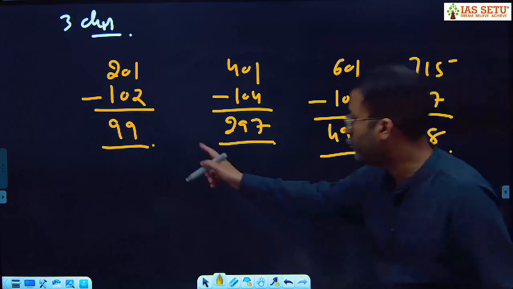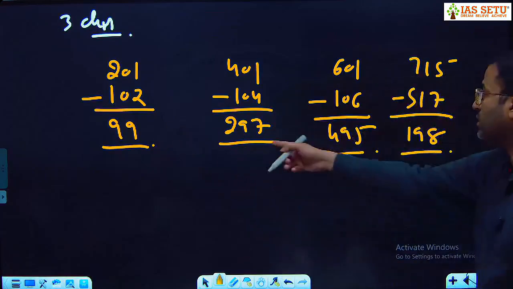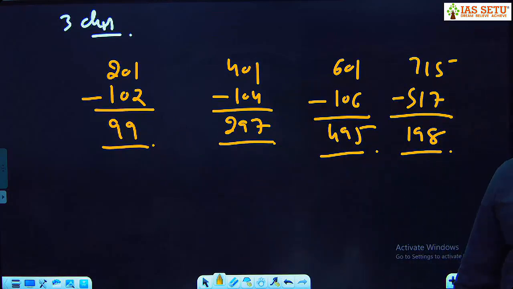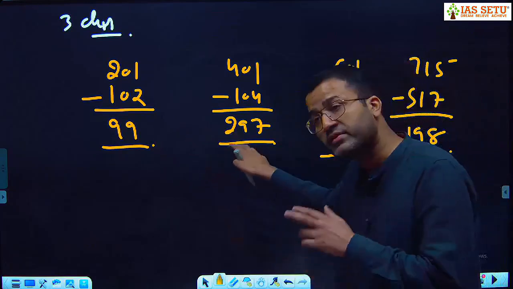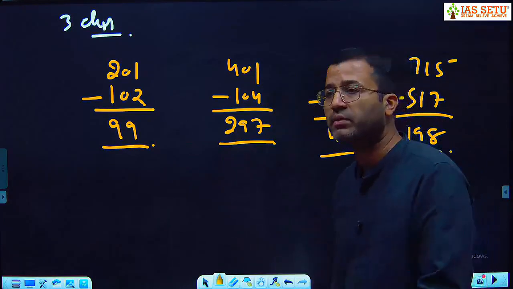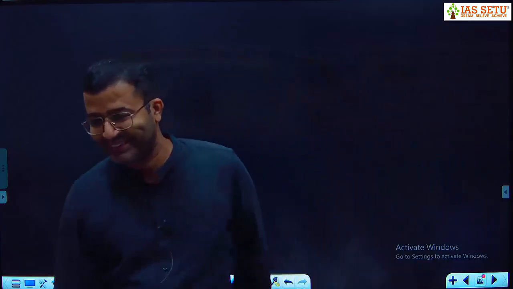Any one of you able to observe anything about this difference? Multiple of 99, ये हमेशा multiple of 99 आएगा. Check any number. सर 3 डिजिट नंबर.